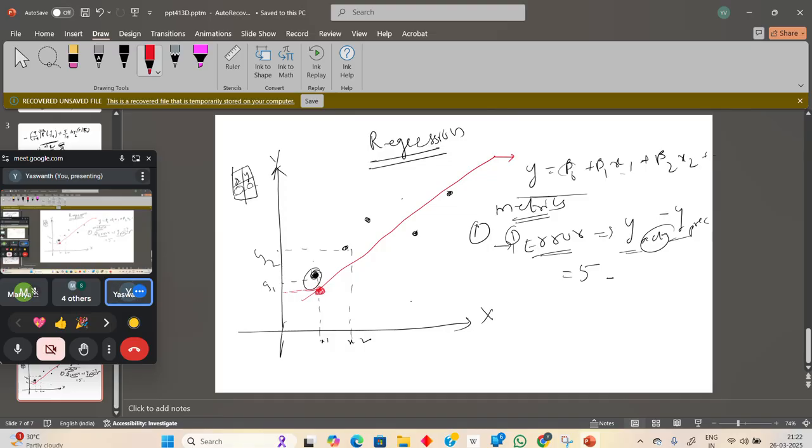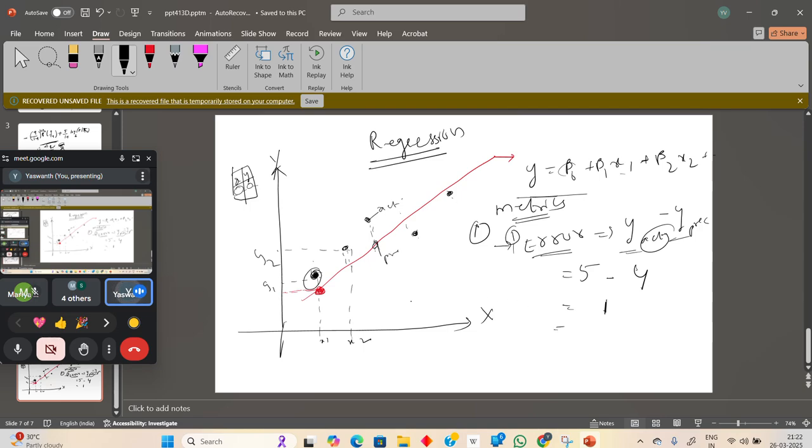Let us say the predicted value is 4. Actually it is 5, but we got 4, so the error is 1. Similarly for all the errors. That is why these dotted lines are drawn: they represent the difference between the actual and the predicted.